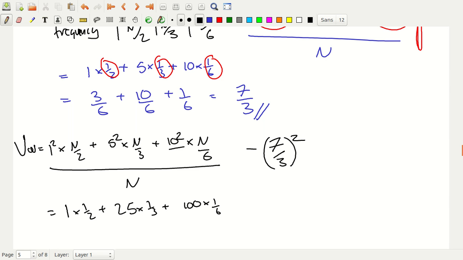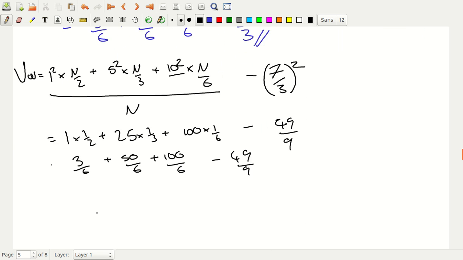Okay. I'm going to use a common denominator of a sixth here again. Minus 49 over 9. So that's 3 over 6 plus 50 over 6 plus 100 over 6 minus 49 over 9. I think I actually need a slightly different common denominator, probably an 18th.